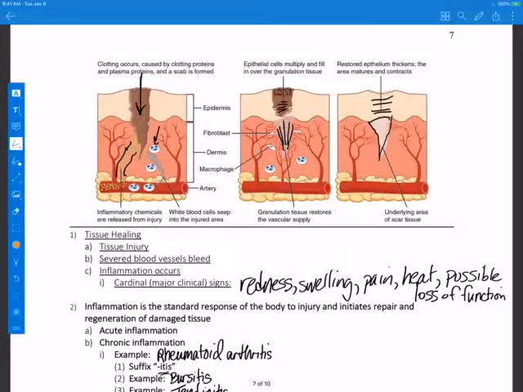That we have an injury, it leads to bleeding, which leads to inflammatory chemicals being released, which calls in white blood cells, then we have vasodilation, which increases the heat and the redness. Then we have the laying down of granulation tissue and revascularization. And then ultimately, the epithelium is restored, and there's usually some underlying area of scar tissue.